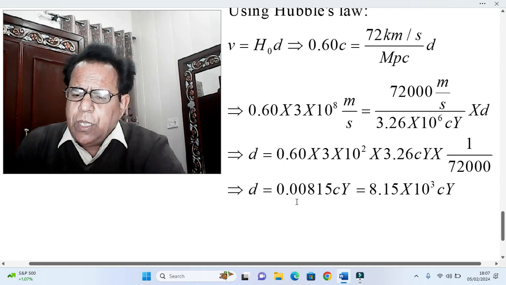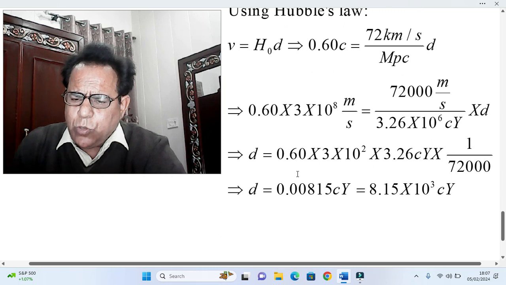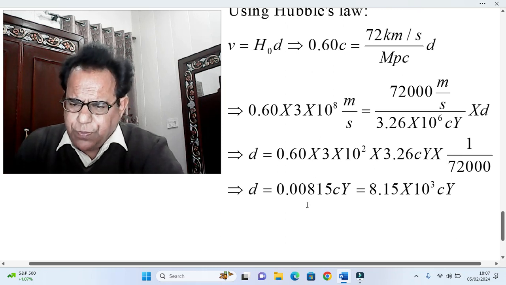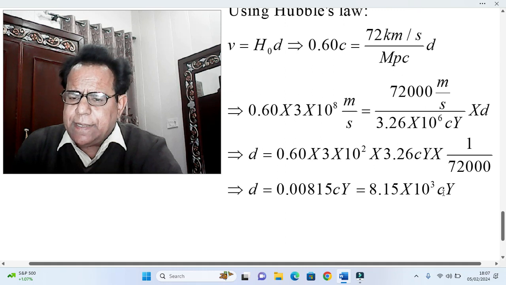Next, this is just a rearrangement of this quantity. So our answer d becomes equal to 8.15 into 10 raised to the power 3 light year.